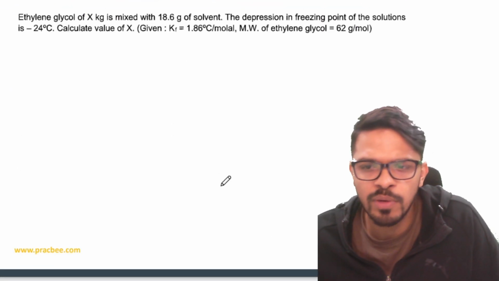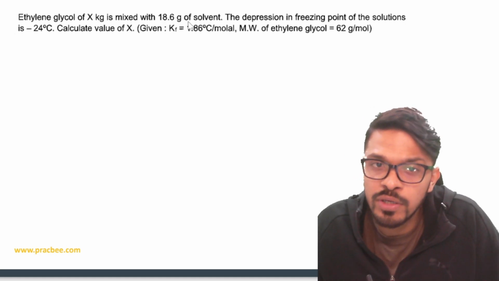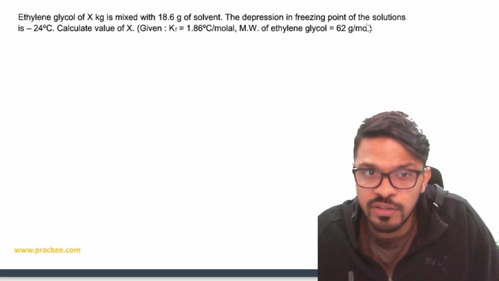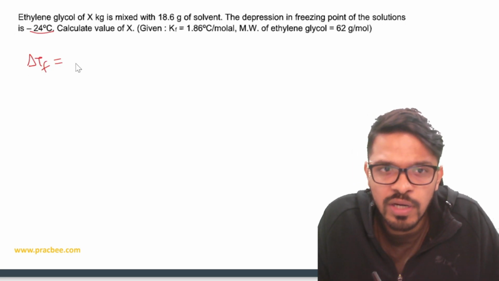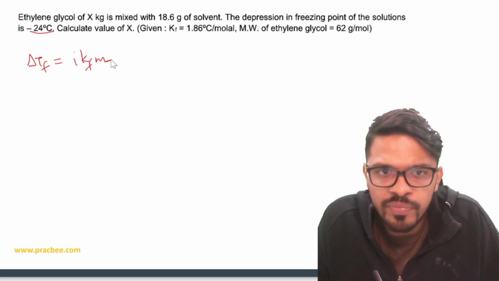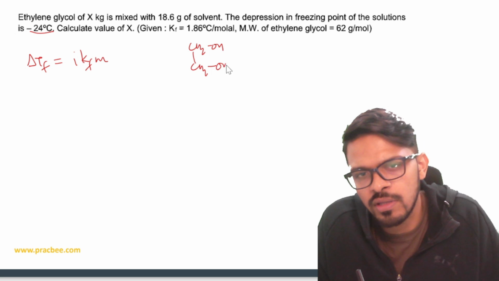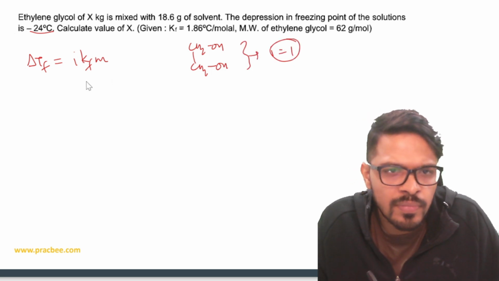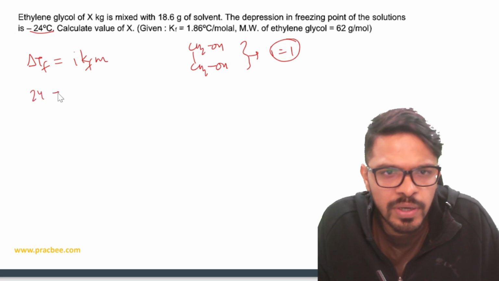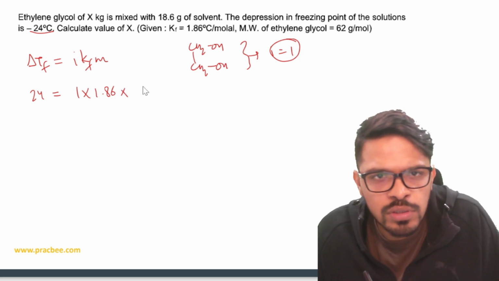Next question is from liquid solutions. Ethylene glycol of x kg is mixed with 18.6 grams of solvent. The depression in freezing point of the solution is given. Find the value of x. So we know delta Tf is i Kf m. Ethylene glycol is CH2OH, CH2OH. You know this does not dissociate easily, so i should be 1. So delta Tf is basically 24, i is 1, Kf is 1.86. Molality would be moles of solute divided by the mass of the solvent in kg.